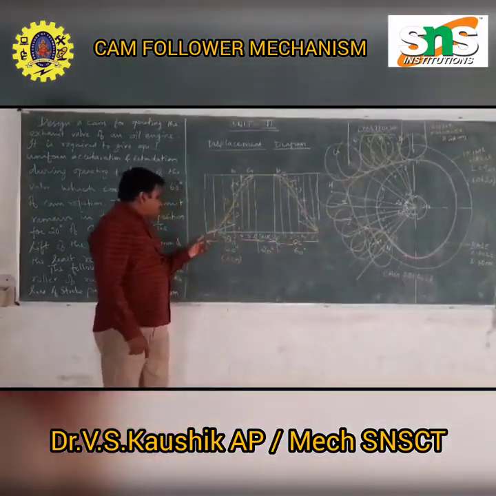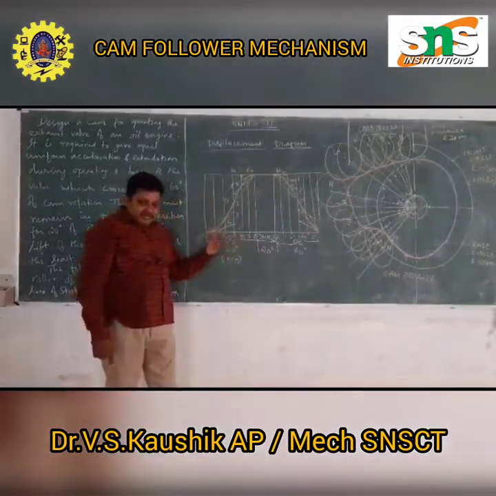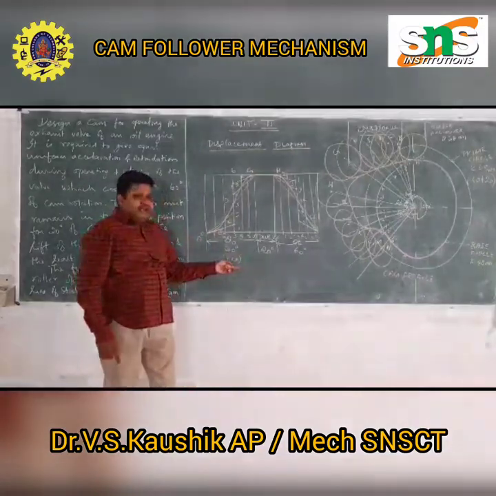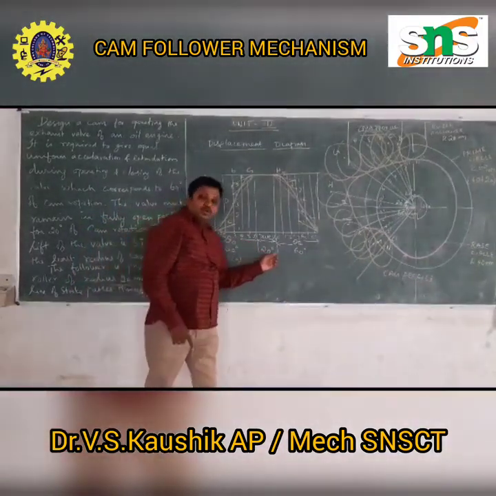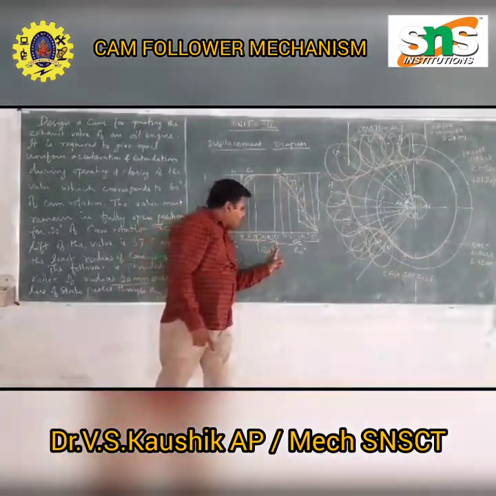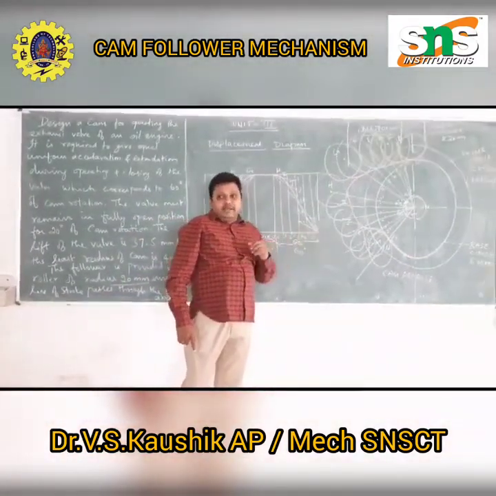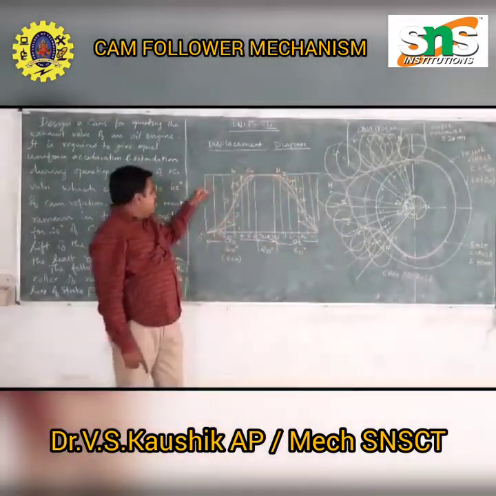Now you should convert the scale ratio: 60 degrees means you should draw a 6 centimeter line, and 20 degrees means you should draw a 2 centimeter line, and once again for 60 degrees you should draw a further 6 centimeter line, and a rectangle will be formed.